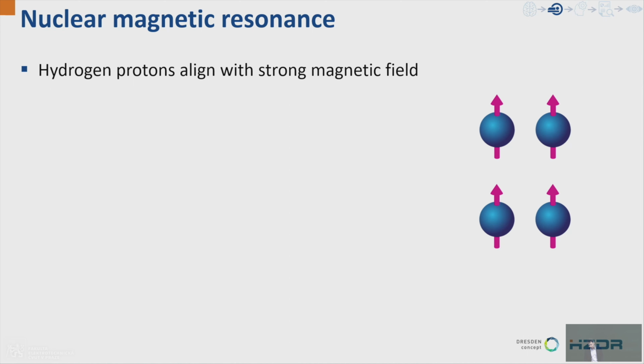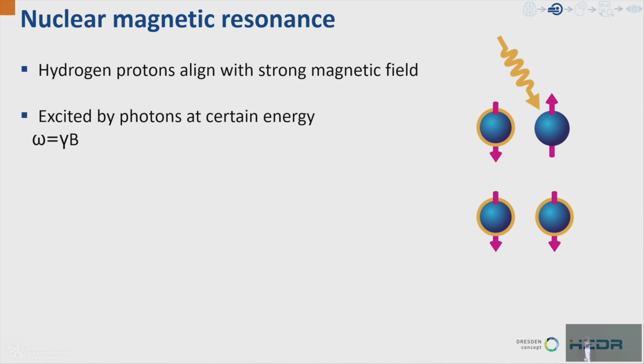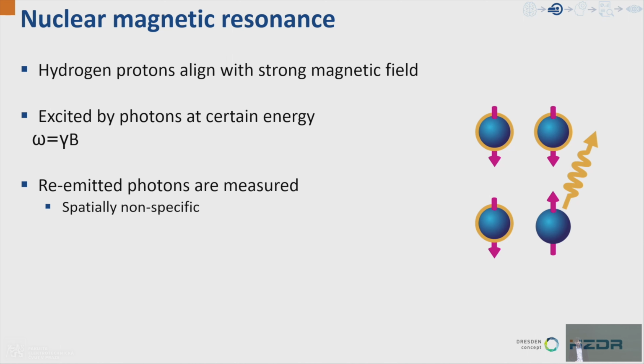If we place these hydrogen protons in a strong magnetic field, they align with this field, and now they are able to accept energy in the form of a photon that is defined by the strength of the magnetic field. After some time, this photon is re-emitted at this specific resonance frequency, and we can measure the photon, and based on its energy, we can derive some information about the tissue we're measuring. The only disadvantage is that we're just measuring the signal, but we cannot really know where the signal is coming from.